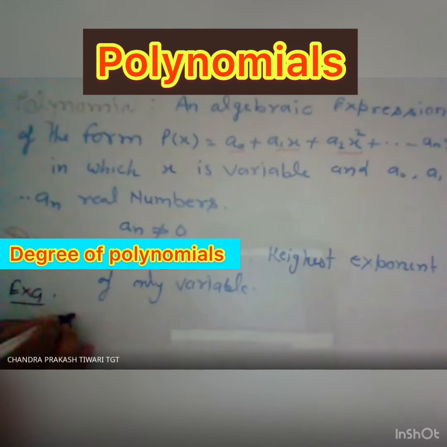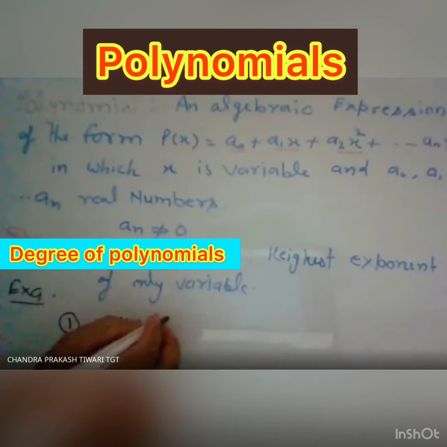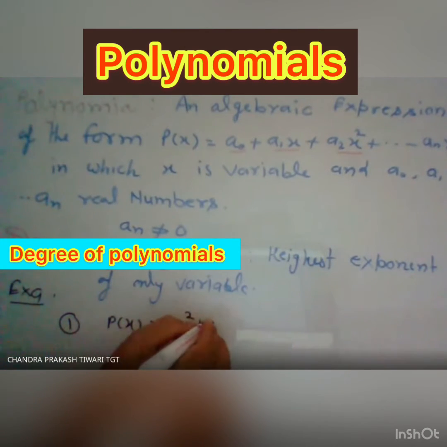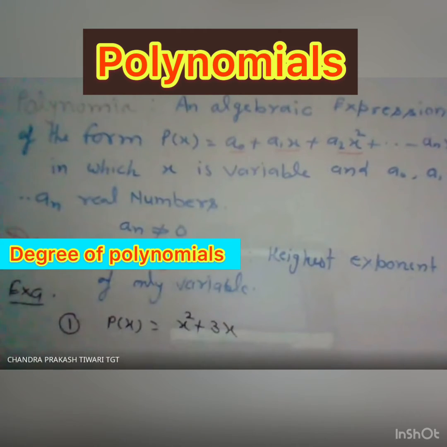And here is the first example. Px equal to x plus x square plus 3x. Okay. So here you can observe that the variable is x and the highest degree in both terms is 2. Therefore, degree of this polynomial is always 2.